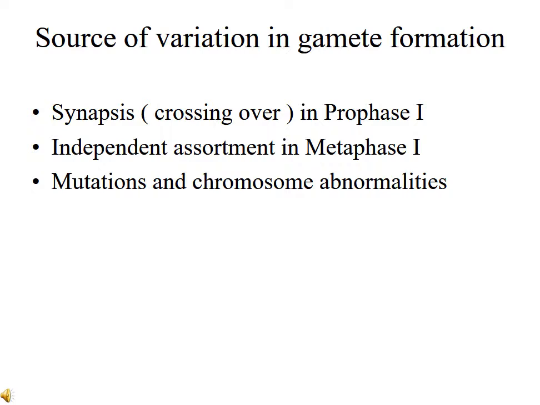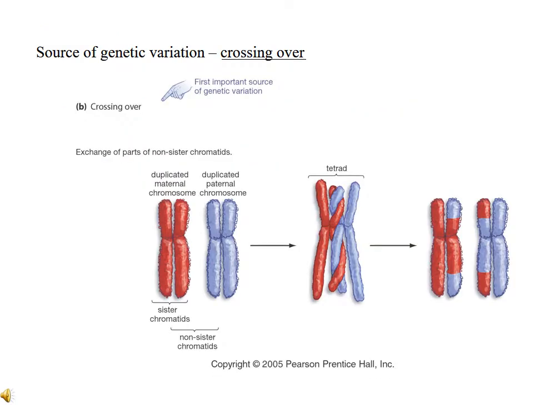And we'll talk to each of these in a moment. And finally, mutations and a variety of chromosomal abnormalities may take place during the process of meiosis and, of course, gamete formation.